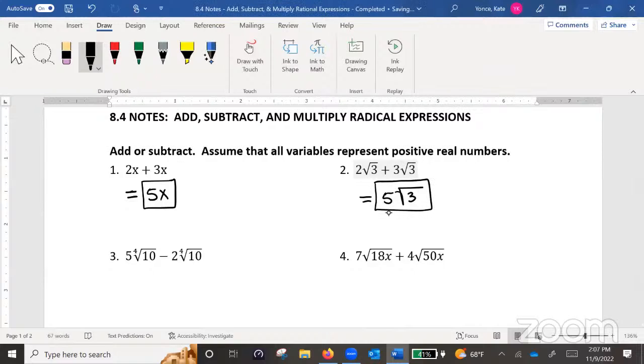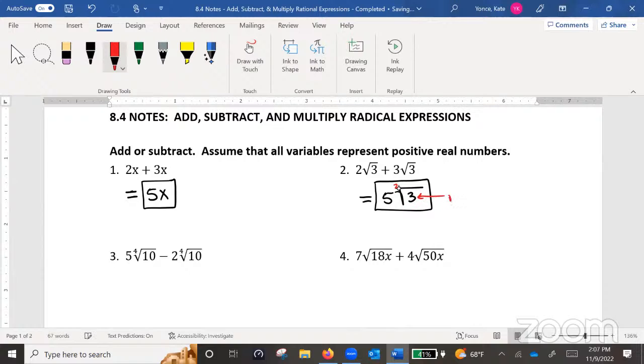As you know, the index here is technically a 2 because it's a square root, right? So that's called the index.